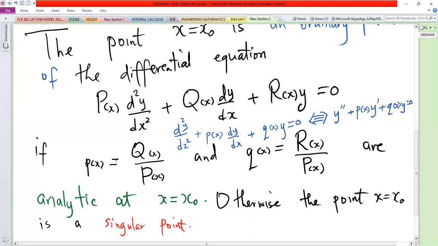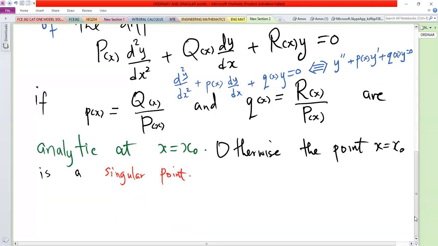But if either small p of x or small q of x is not analytic at x naught, then that point is called a singular point.